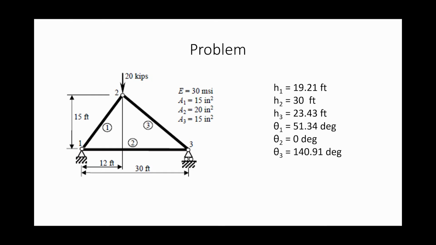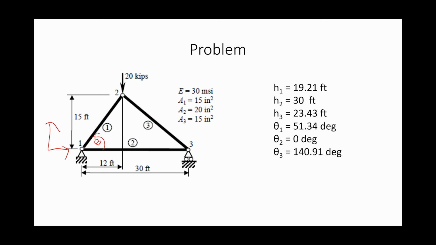All right, we're going to look at a second truss problem. It's a different three-member truss. Again, step one is figuring out the angle of rotation for each member from the same coordinate system. So member one, this is theta 1.